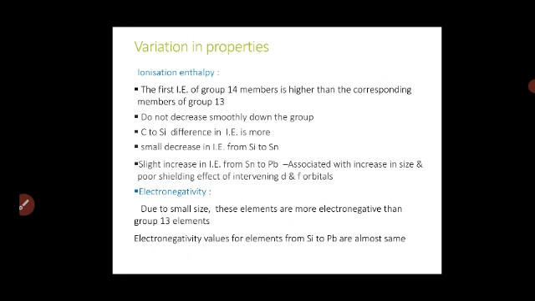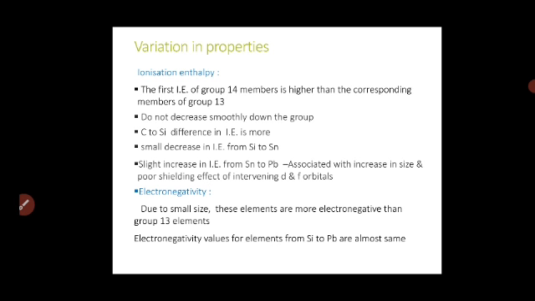So when we compare the ionization energy of group 13 and group 14, obviously group 14 members have higher ionization energy than the corresponding members in group 13. For example, when we study boron and carbon, carbon has higher ionization enthalpy compared to boron.